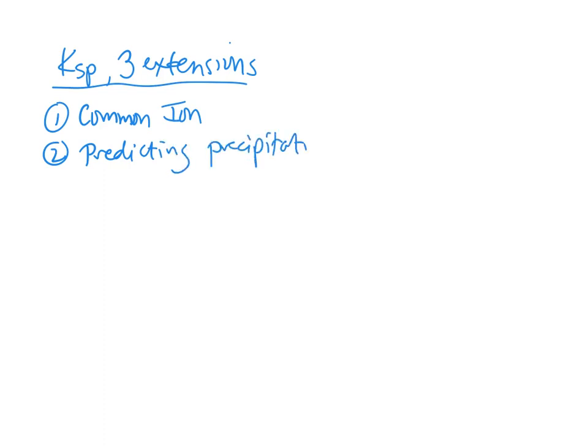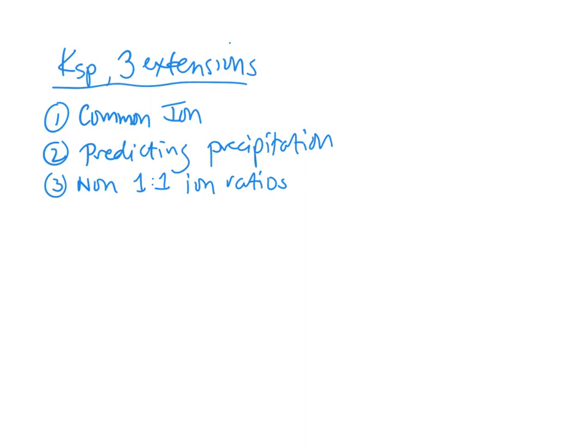And then we're also going to talk about non-one-to-one ion ratios. Those are the three topics for today's video. I would make sure that you've watched the previous one or have a pre-existing understanding of KSP so that you know a little bit more about it.